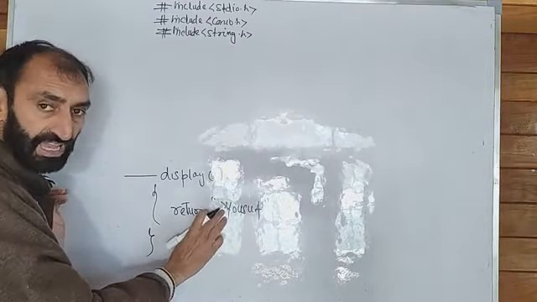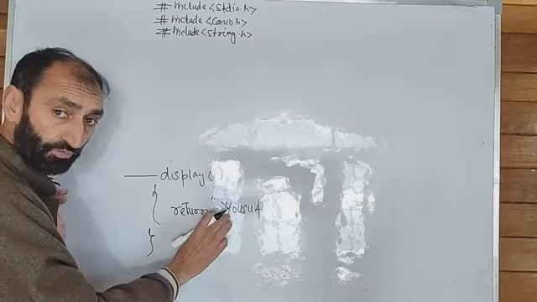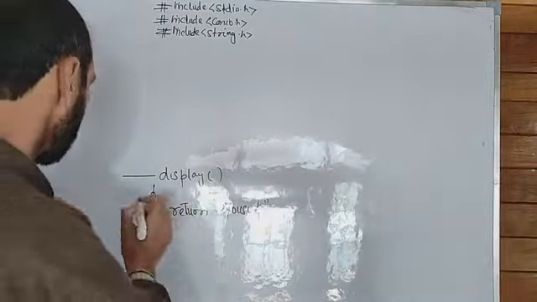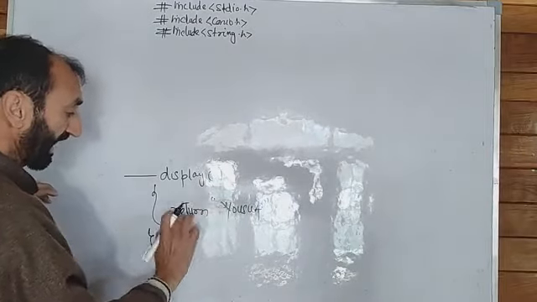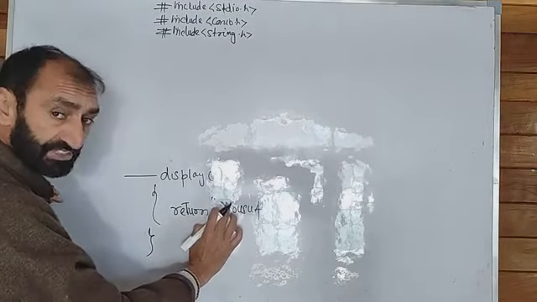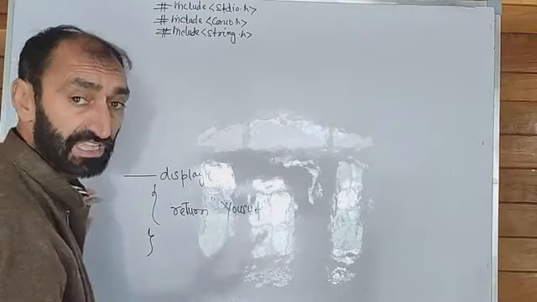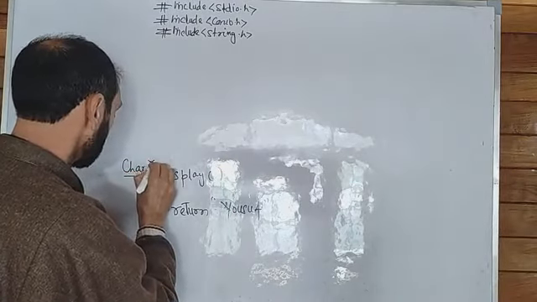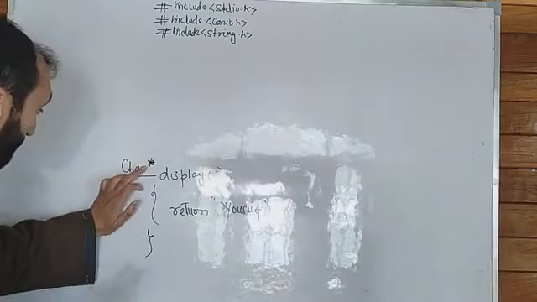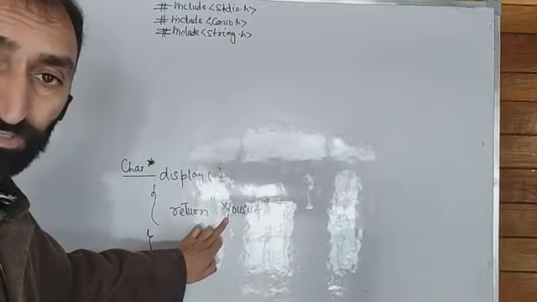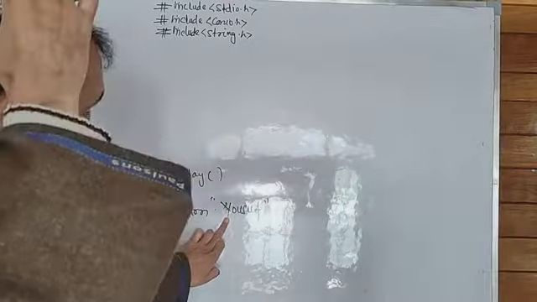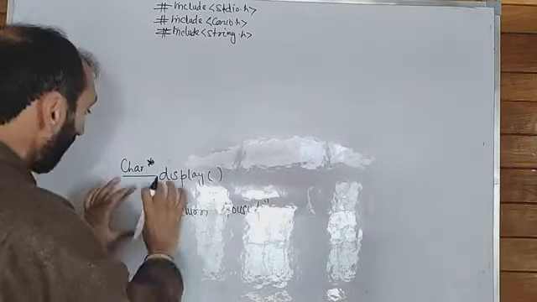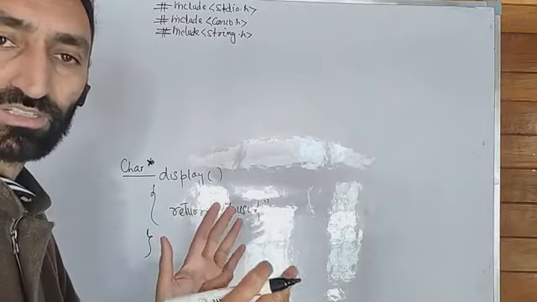What type of address? A character address, because a string is actually a character array. So our return type is char asterisk, a pointer to the first byte. We are going to return the address. So this is the definition of the called function.